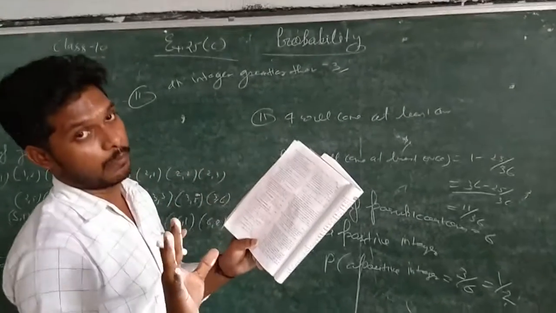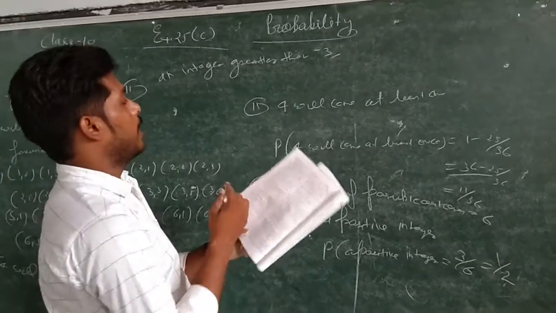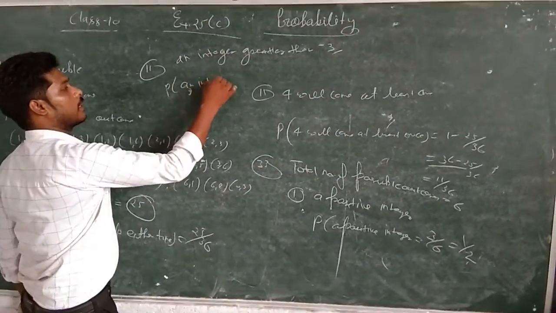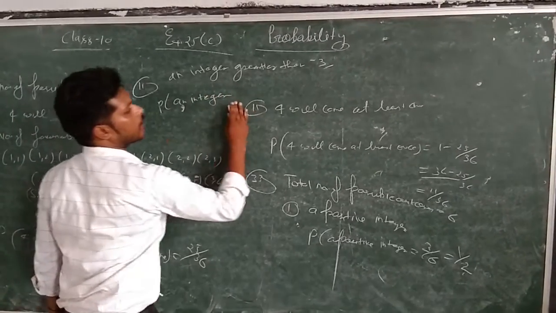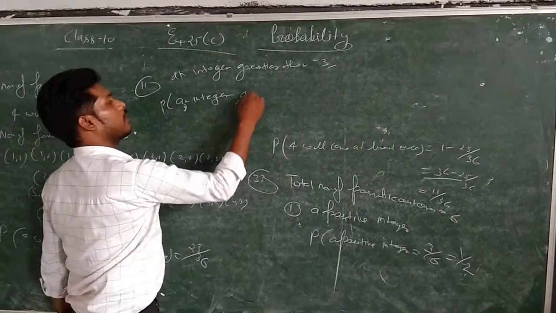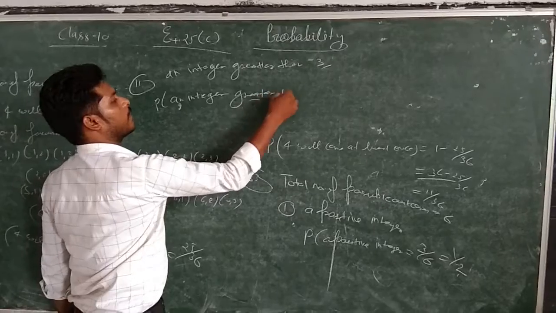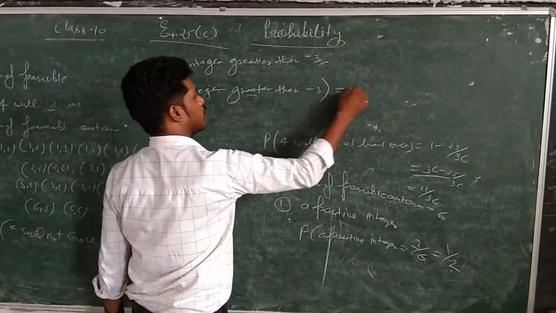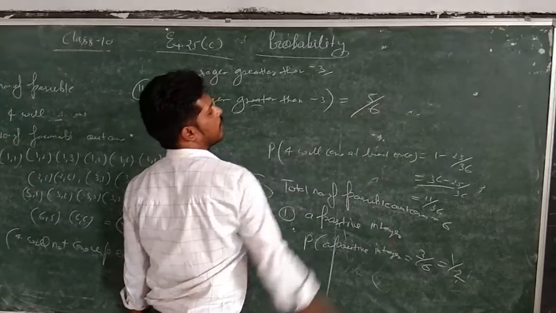It means there are 5 numbers which are greater than minus 3. So P of an integer greater than minus 3 is equal to 5 upon 6.